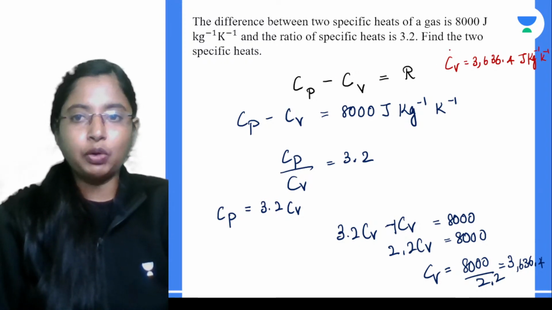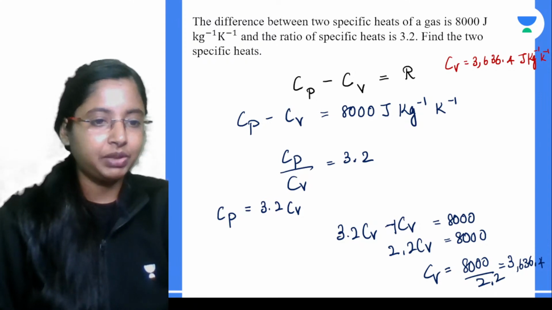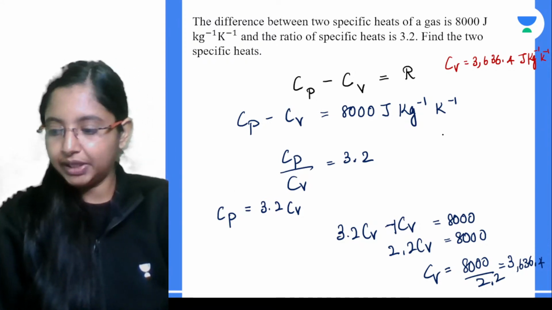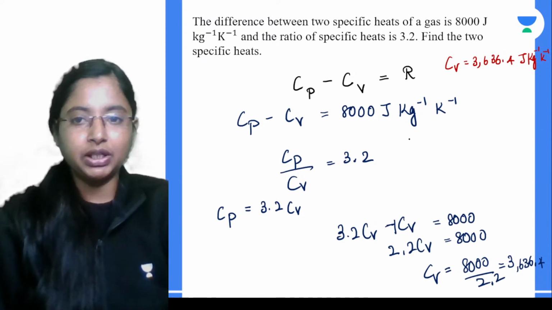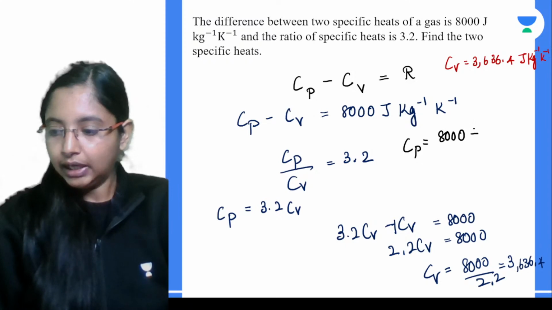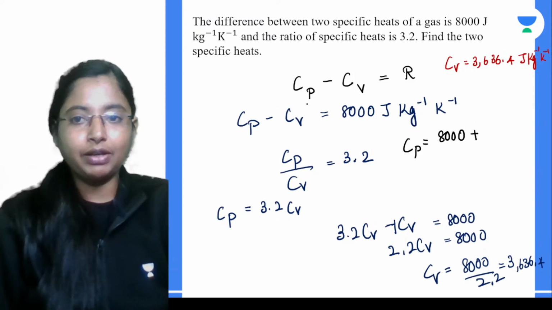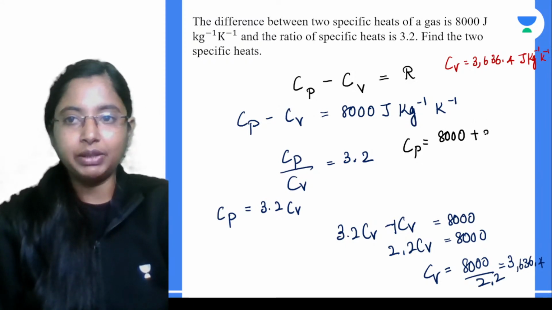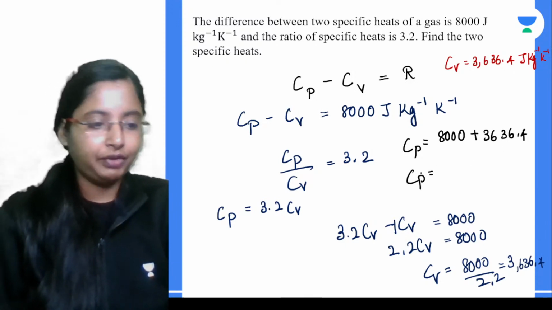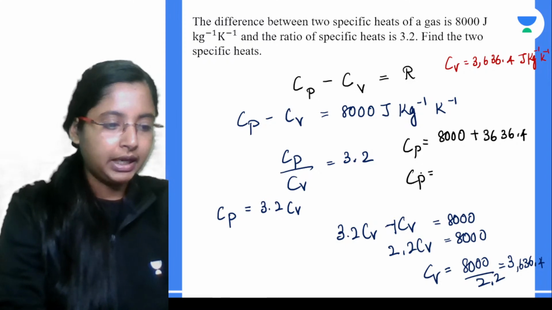We found Cv. Can we find Cp from here? Very simple, we can find Cp. Cp will be this particular value 8000 plus Cv. Cv is nothing but 3636.4. So Cp over here will be this value plus 8000.